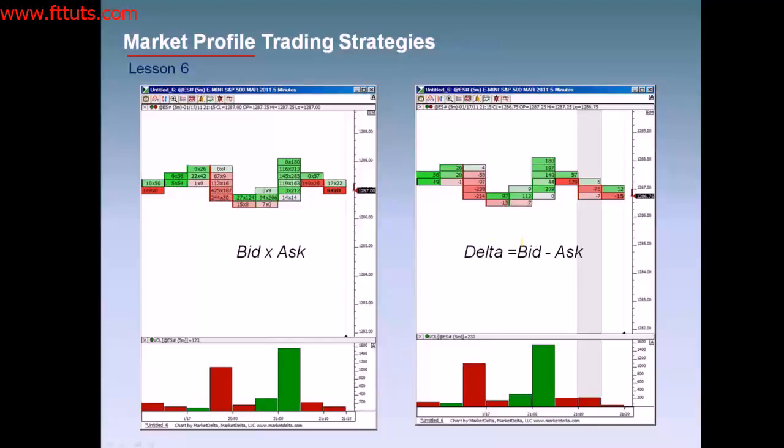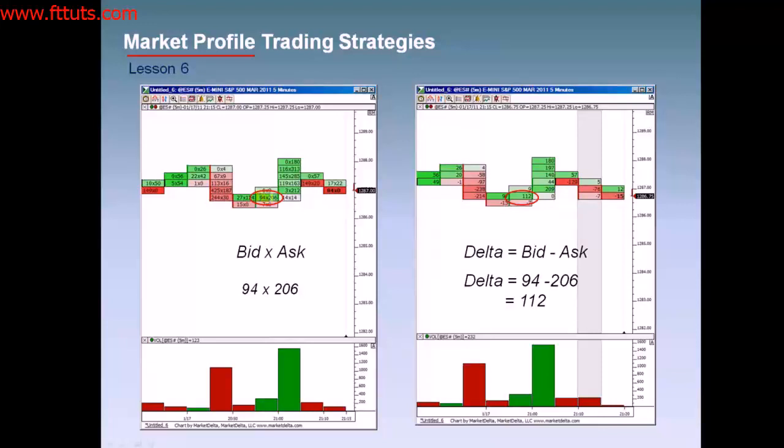On the right-hand side, the chart is showing me my delta, and on the left-hand side, it is showing me bid and ask. Let's take an example here and pick a number and show how we actually calculate the delta. Let's take a look at this cell here.